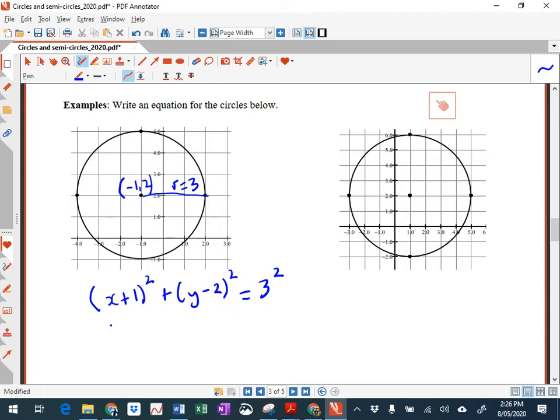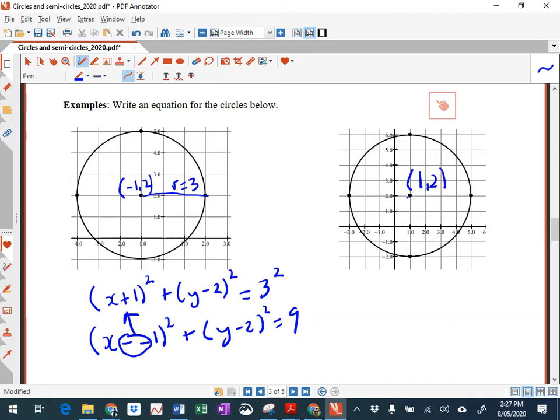squared. All right, now if you're wondering where the plus sign came from, remember the equation is x minus the x coordinate of the centre, which is minus 1. We could write 9 there instead. And those two minuses become the plus. Okay, over here, our centre is 1, 2.